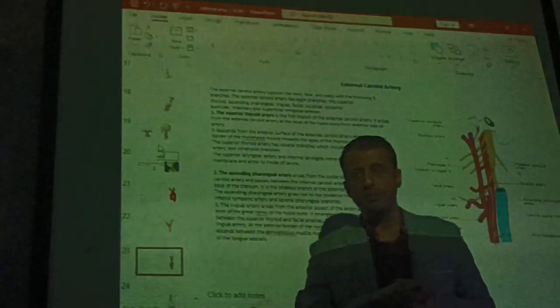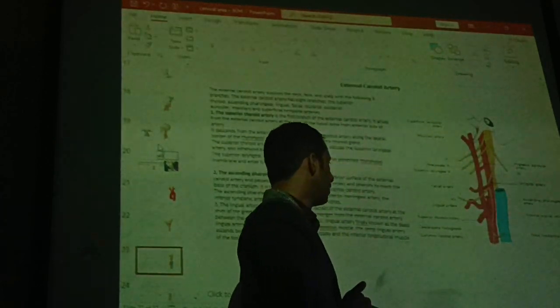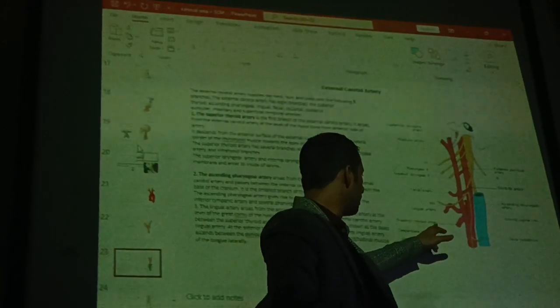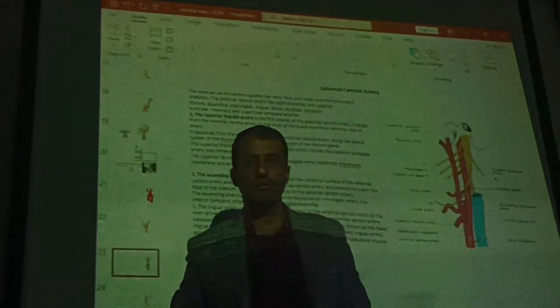The branches of the external carotid artery: I said that we have how many branches? 8 branches. Okay. See here, it is internal and it is external carotid artery. The first branch, which you can see here, is the superior thyroidal artery.